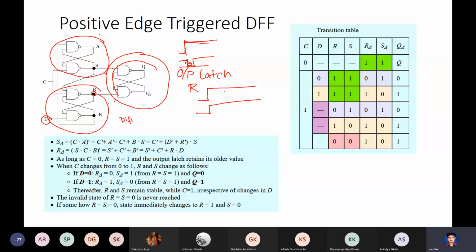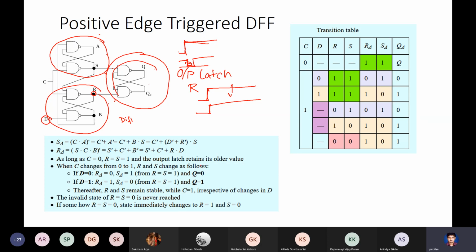So in the on part, both of them are trying to set and reset. It's only in this edge that they agree, and a transition can take place. That's how edge triggering is done. Of course, this is just hand-waving; the actual circuit is a little more complex.